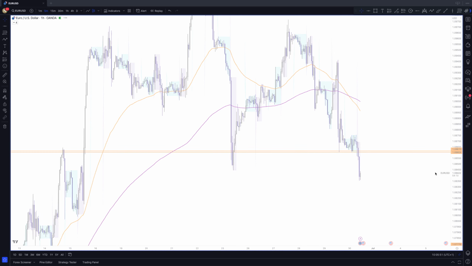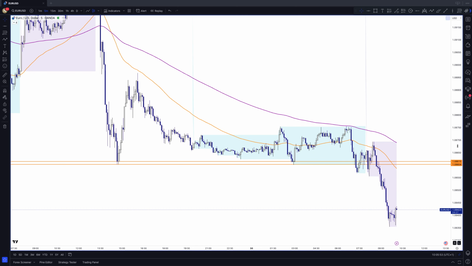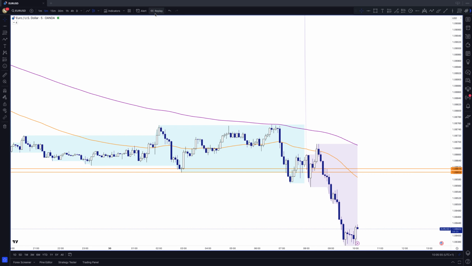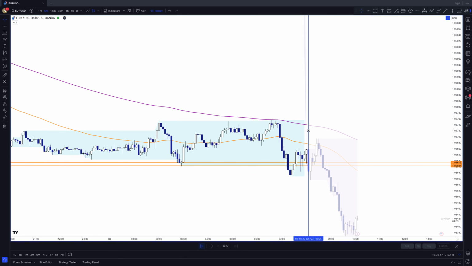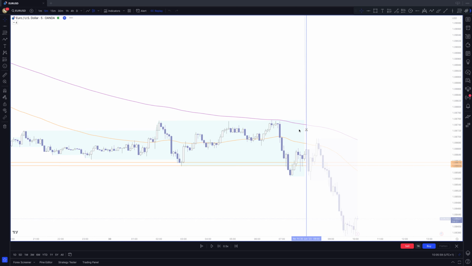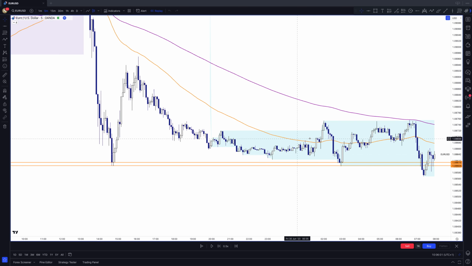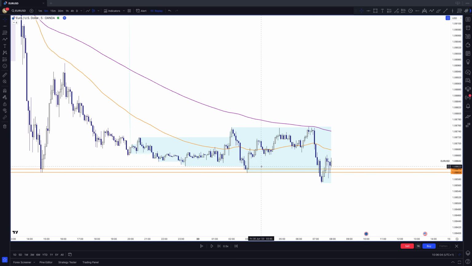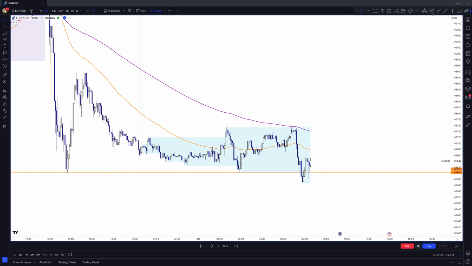And I made the big mistake that I took, and let me do the replay, I took this entry at the open. So I saw this Asia swing low over here. I saw this somewhat of an inverted head and shoulders play.